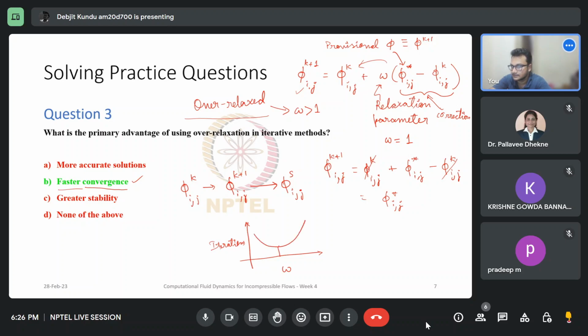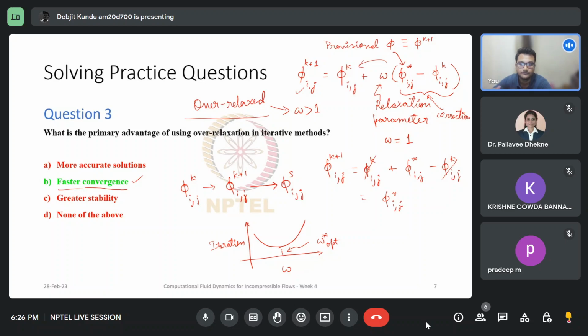And here where this is minimum, I'll draw this with a dotted line, this is the optimum value of omega, which gives us the fastest convergence to the solution. Usually it is found by trial and error, but for some very particular scenarios, there is a formula to determine this optimum omega beforehand.